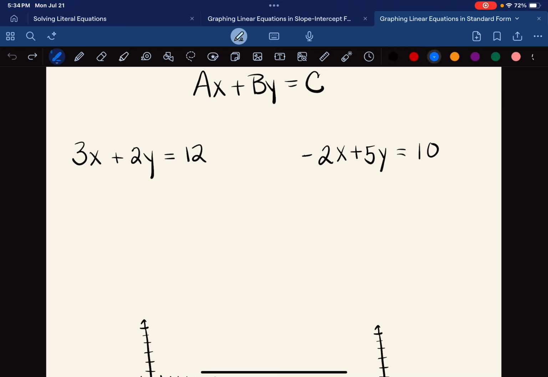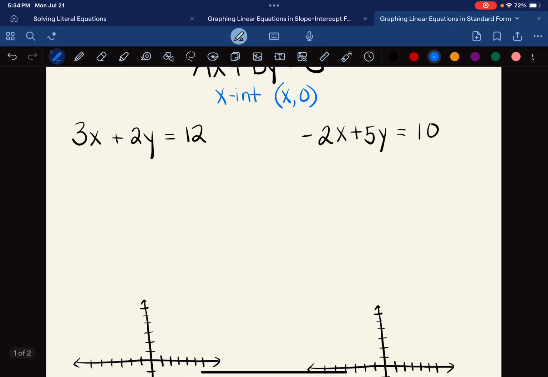First, I want you to remember what an x-intercept is. An x-intercept is just the point where a graph crosses our x-axis. So if we have a point sitting on the x-axis, no matter what that x value is, the y value has to be 0, right?